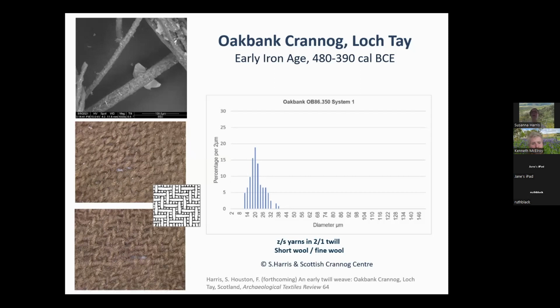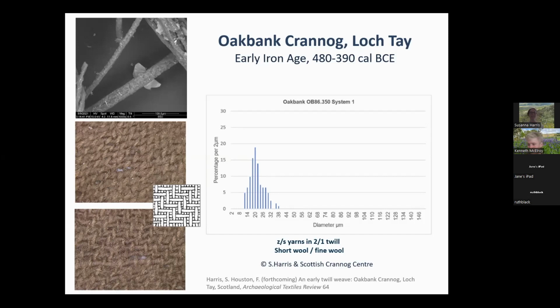If we think then about the wool fibre, I'm showing you a similar diagram to the one I just showed you from the Rillaton burial. But if you see in that profile of the diameter of the wool fibres, you can see they're much more clustered towards the finer fibres.